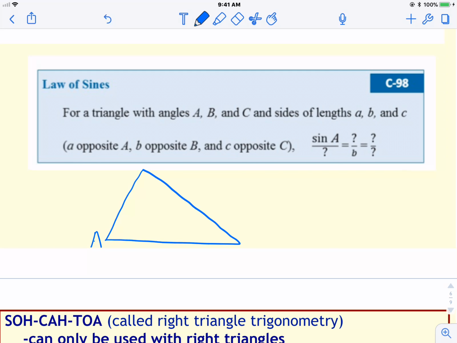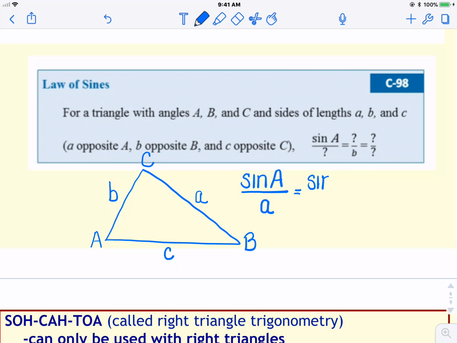So whatever our angle A is, we label the side length across from it as lowercase a. Whatever our angle B is, we label the side length opposite it B. And whatever our angle C is, be it a long side or a short side, it's not a hypotenuse always, it's C. Then they're saying that the sine ratio that would calculate the altitude from either of the two angles that could do it would give us this relationship saying the sine from an angle is in ratio with the length of the side across from it.